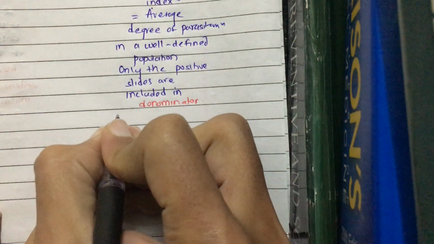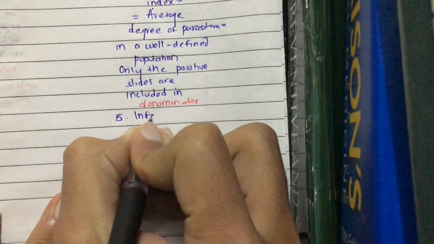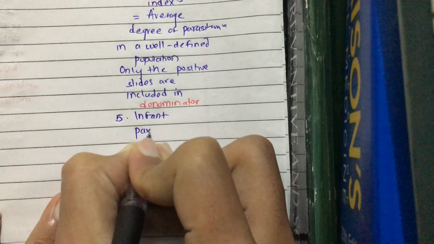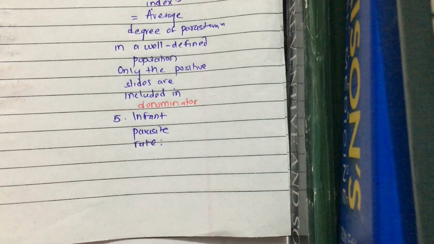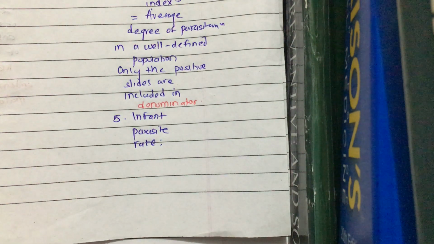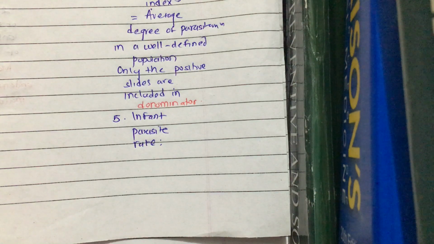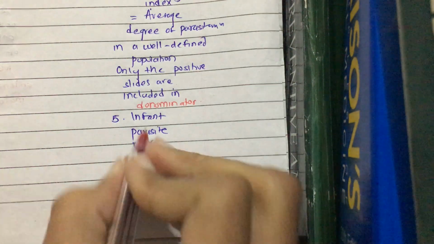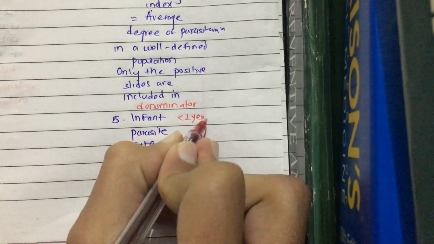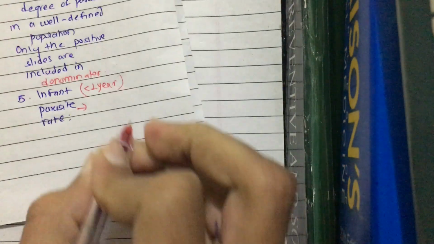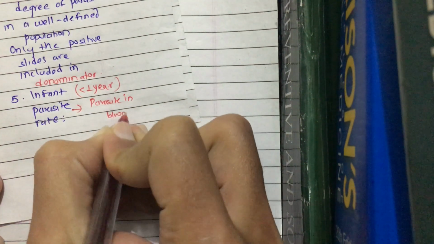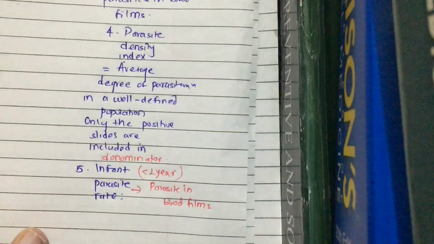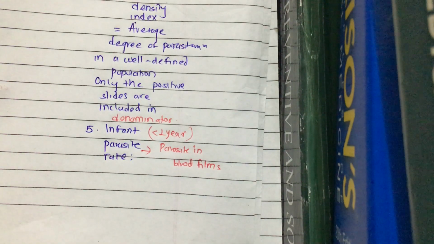Fifth, and very important, is the infant parasite rate. Infant parasite rate is the percentage of infants, that is, age less than 1 year, showing parasites in the blood film.